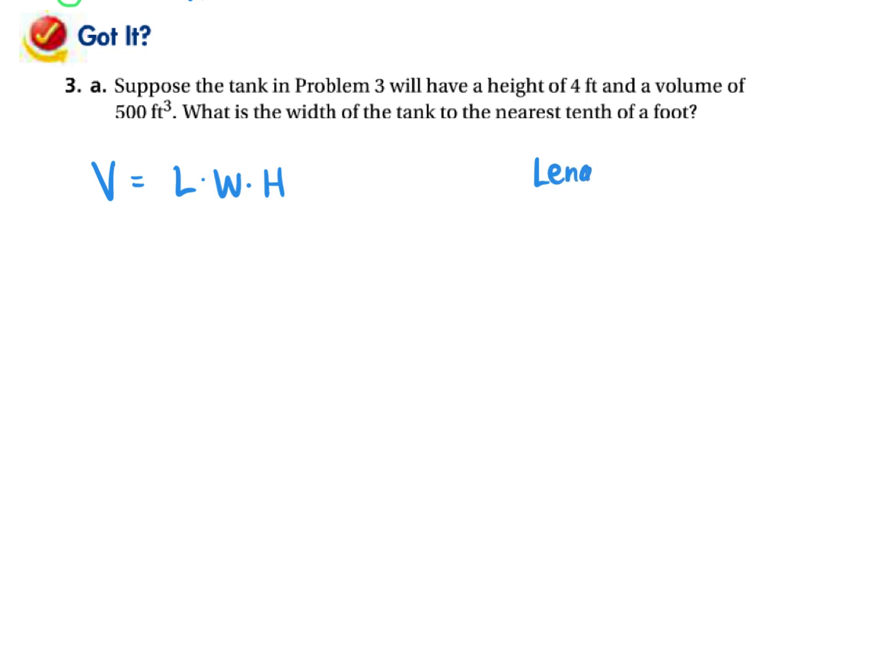And we still have the same information: length, width, and height. In this case, the height is now 4, because we're told that the height is 4 feet. But we still have that same situation, twice as long as the width. So we would have 2W and 1W.